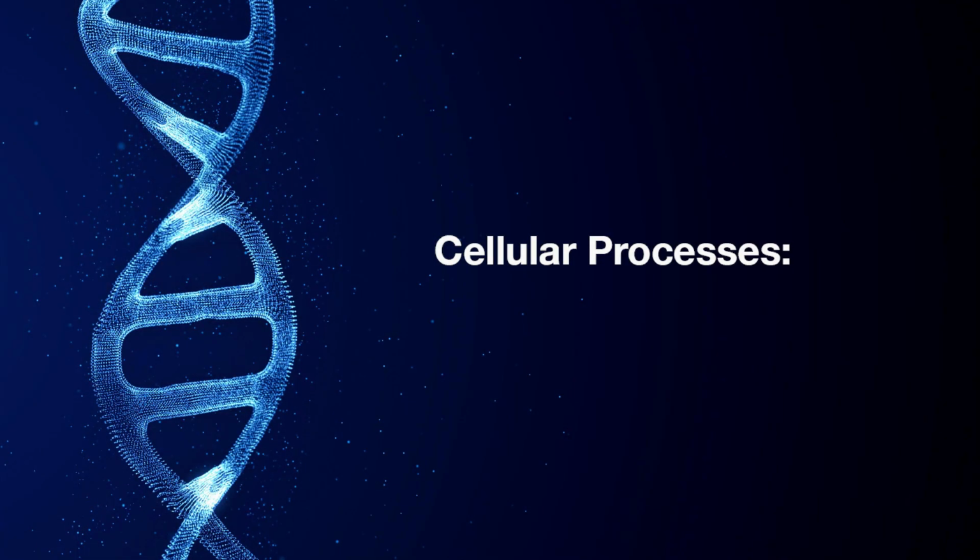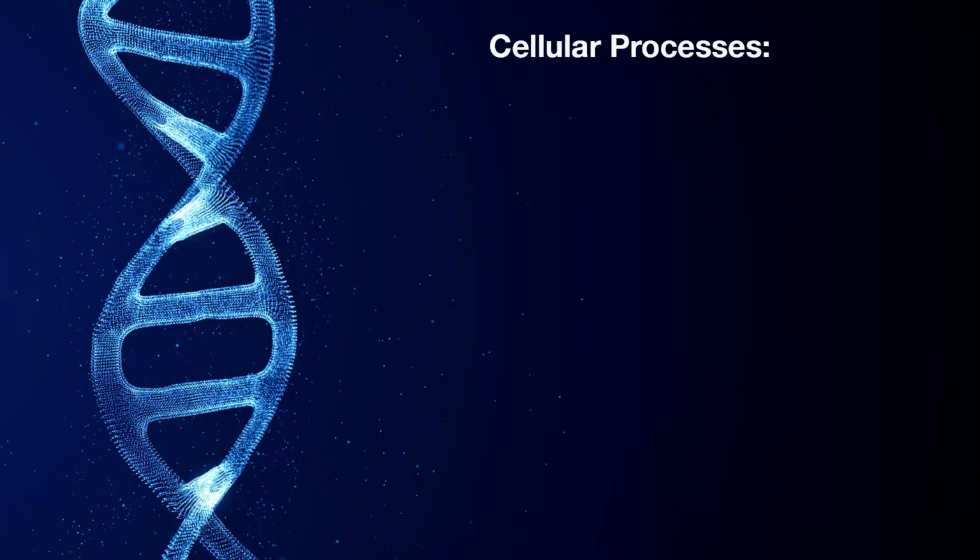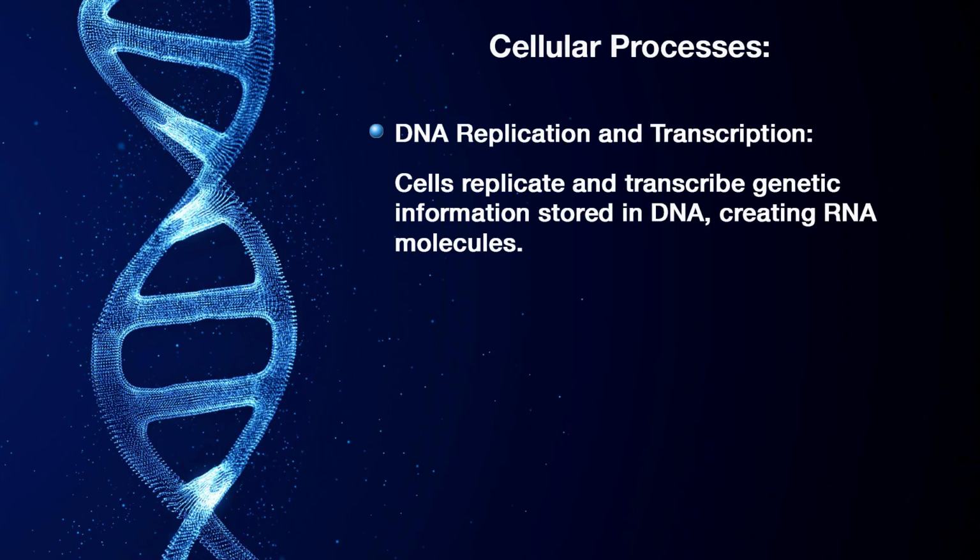Cellular processes: how reproduction and cell division are happening, what are the processes taking place in the cell, that we will brief here. First in this sequence is DNA replication and transcription.